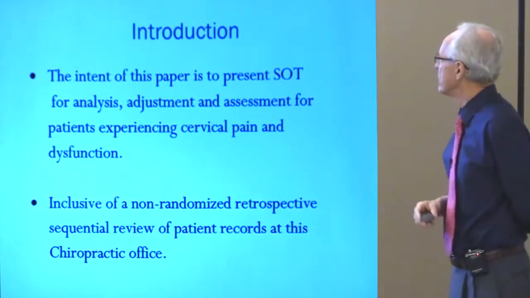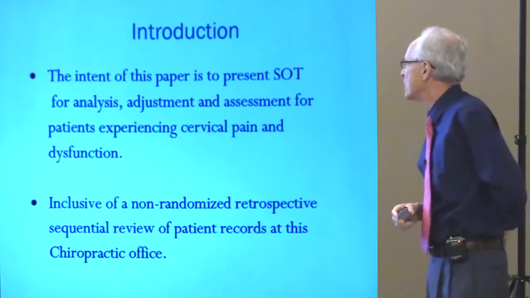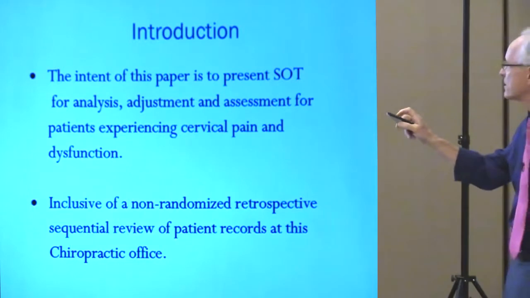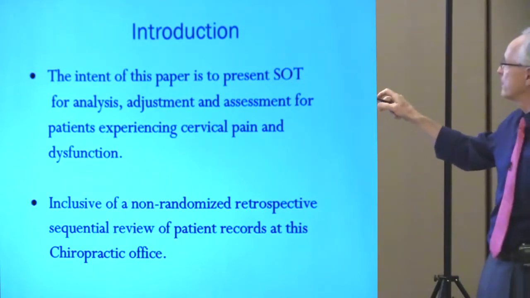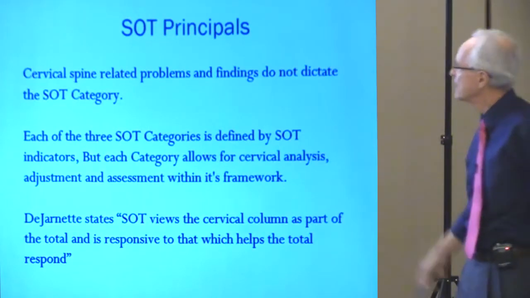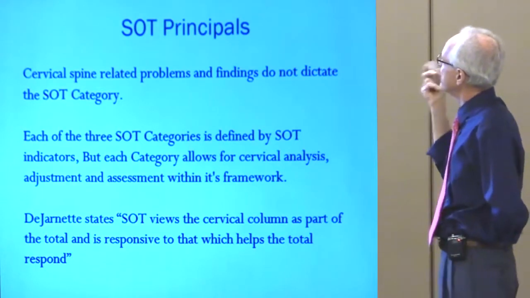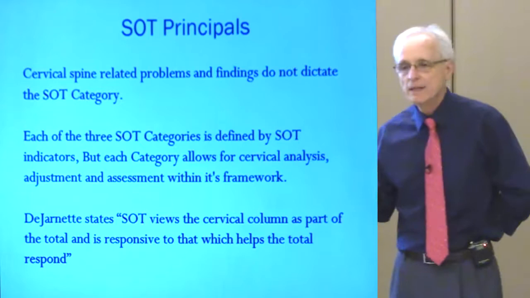This is inclusive of a non-randomized retrospective sequential review of patients' records at this chiropractic office. So we did review 48 patients, and okay, here's some of the principles. Cervical spine related problems and findings do not dictate the SOT category.